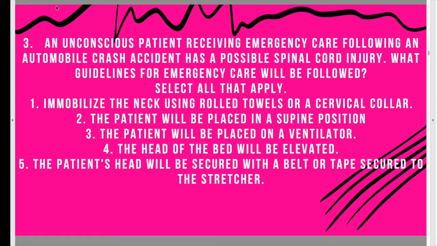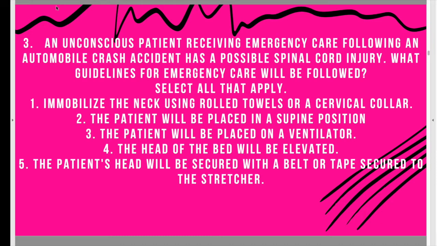An unconscious patient receiving emergency care following an automobile crash accident has a possible spinal cord injury. What guidelines for emergency care will be followed? So this is a select all that apply question. For select all that apply questions, we need to apply also the true or false.